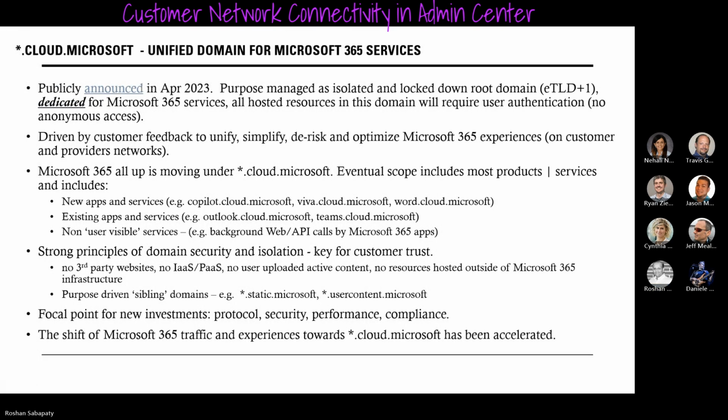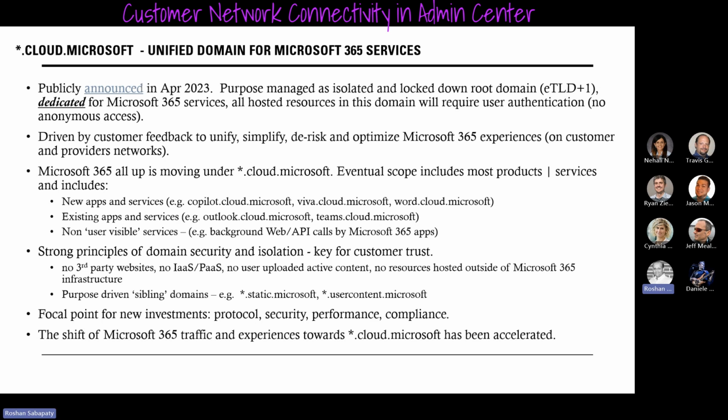So before we jump into the network connectivity features and tools, I wanted to call out a significant investment from Microsoft. This is called the Unified Domains Initiative, and this has a lot of relevance to how customers connect to our services. We have received consistent feedback from our enterprise customers to simplify the list of domains used to connect to Microsoft 365 services and to set some higher standards for security and domain reputation.